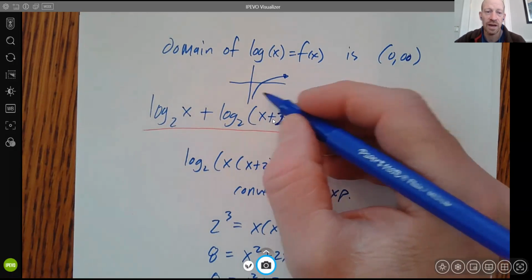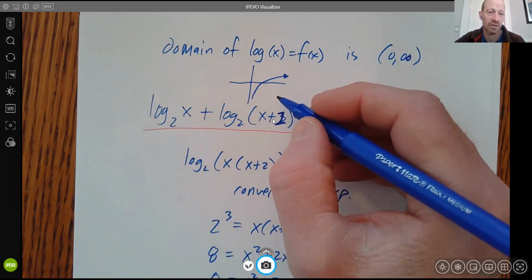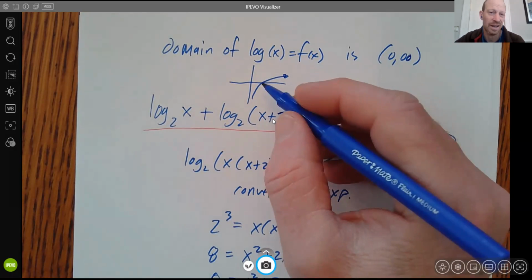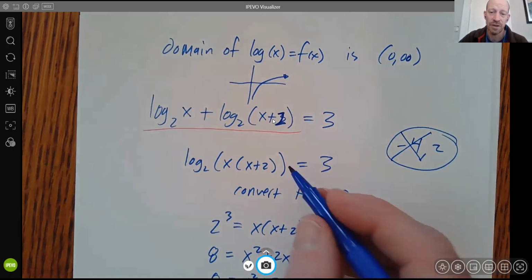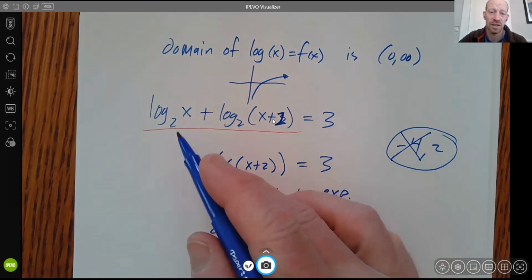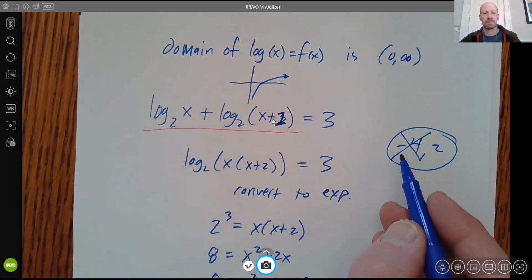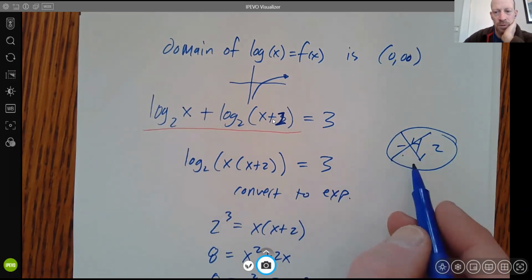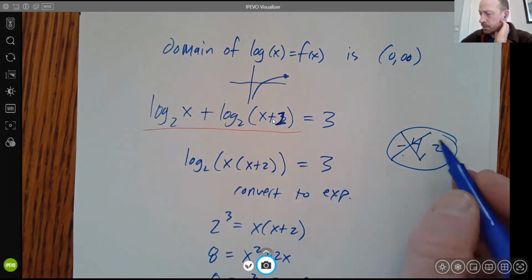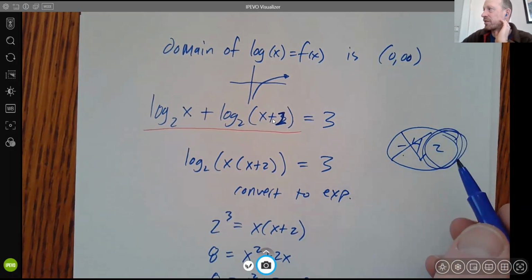It's only defined for x values that are bigger than 0. 0 doesn't work and negative numbers don't work. So if I get an answer that makes one of these things negative, that can't actually be an answer. So my only solution in this case is 2.